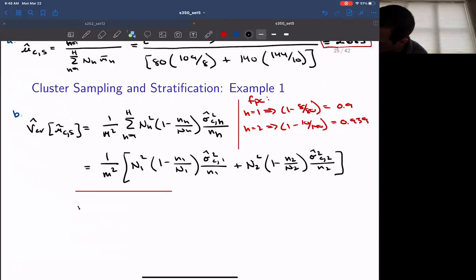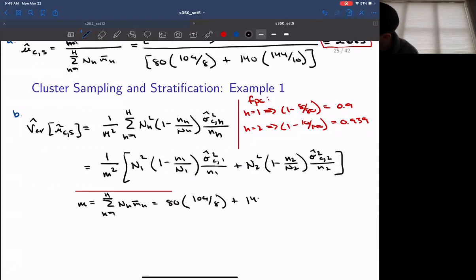So first, M is equal to the sum from H equals 1 to capital H of NH multiplied by M bar H. So that's going to be 80 multiplied by 109 over 8 plus 140 multiplied by 144 over 10, which is equal to 3,106.